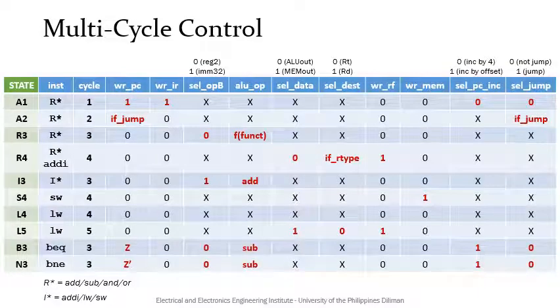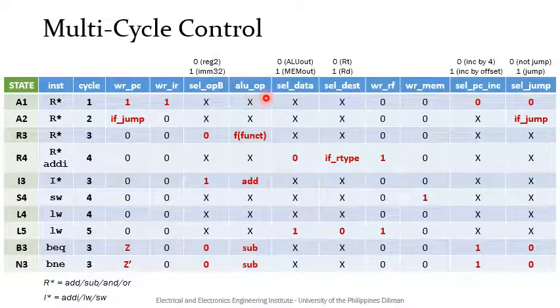For the next control signals, select of B must be 0 at R3 to select the second register operand for R-type instructions. Select of B must be 1 for I3 to select the immediate for add I, load word, and store word. But for B3 and N3, select of B must be 0 to select the second register which must be subtracted from the first register to perform the comparison.